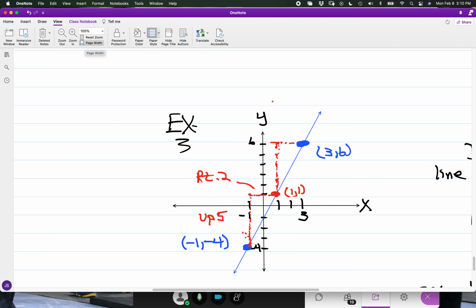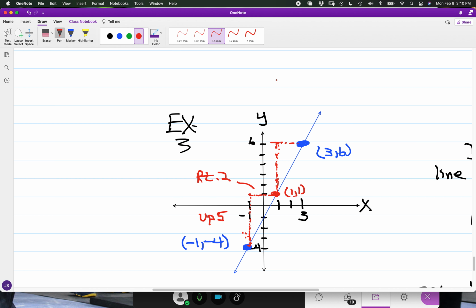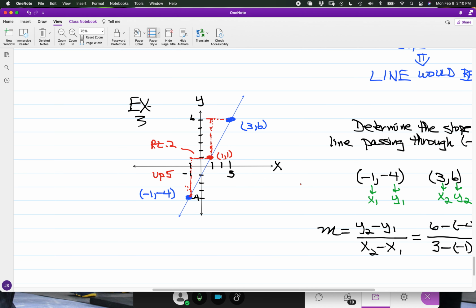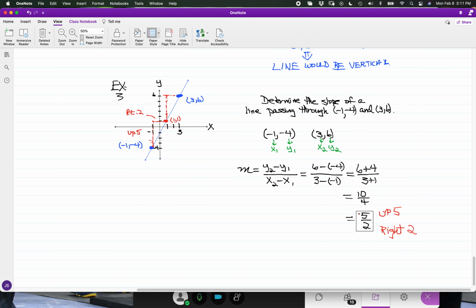If there's an endpoint, if the line continues to a final destination. But again, to stay on the line, from everything before -1, -4, and anything coming after 3, 6, you want to maintain the cycle going up 5 and to the right 2, which complies with the slope value of 5/2.